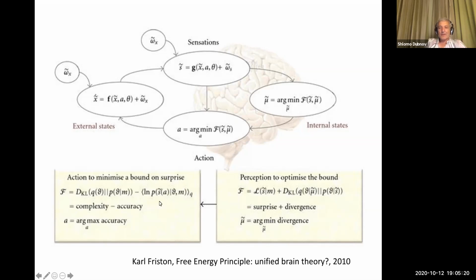Sorry. So yes. Is the reason why complexity minus accuracy is the form the same as Lagrangian minimization? Because it reminded me of that.